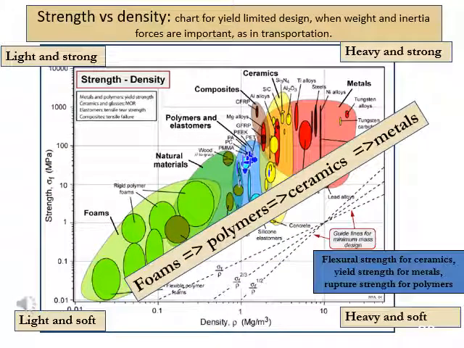This is the strength sigma F versus density bubble graph. Similar to Young's modulus versus density, you can also derive the index m at various slopes. The difference is the equation for m, where m is equivalent to strength divided by density.